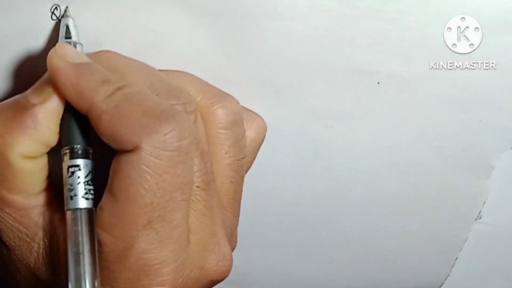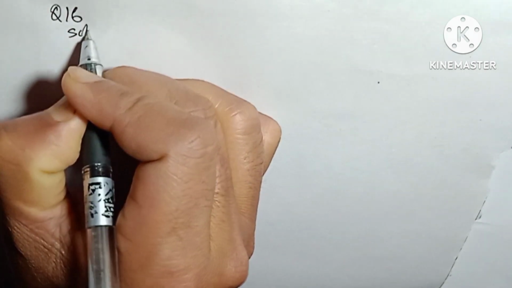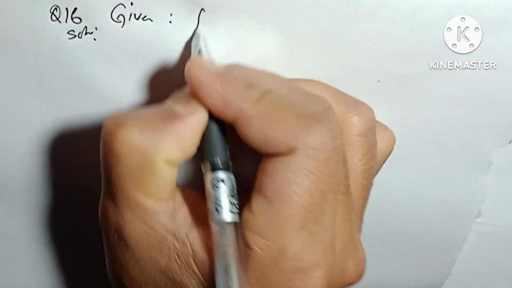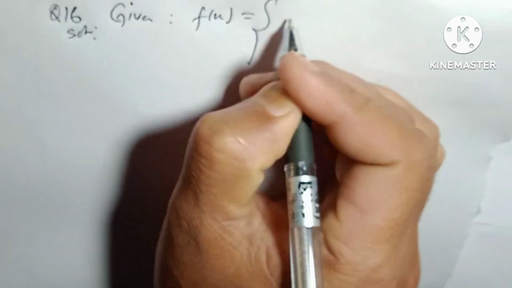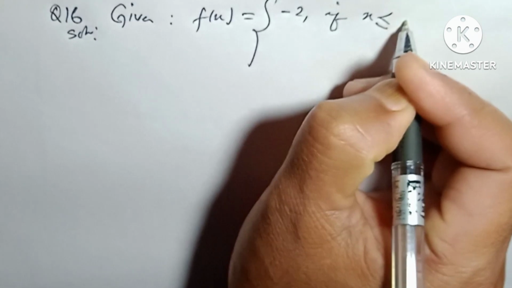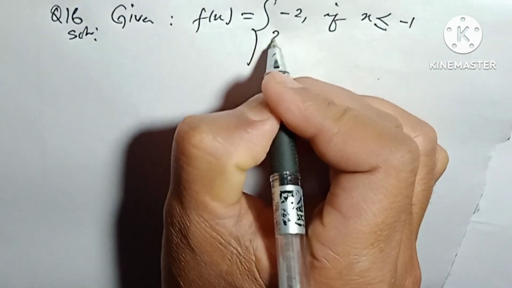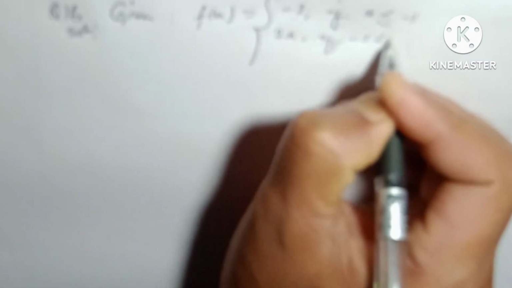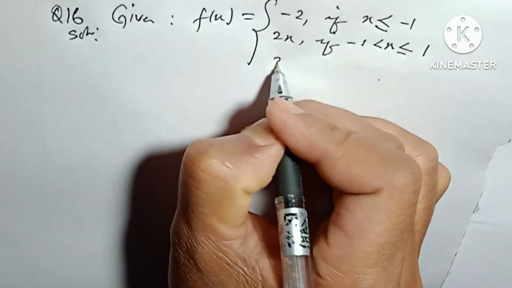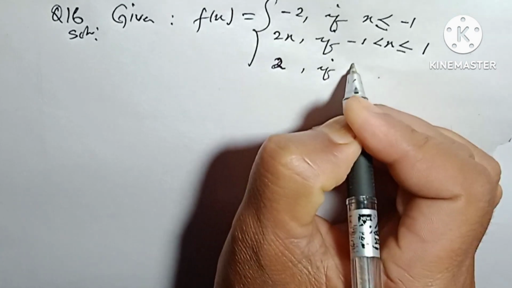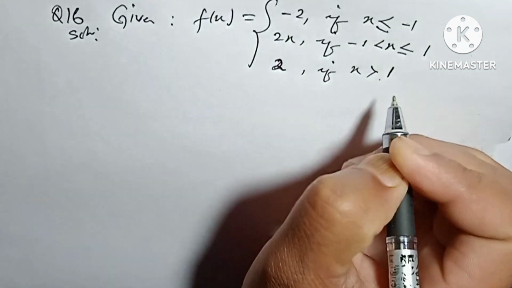Question number 16. Solution. The given function is f(x) equal to minus 2 if x is less than or equal to minus 1, twice x if minus 1 is less than x and x is less than or equal to 1, and 2 if x is greater than 1.